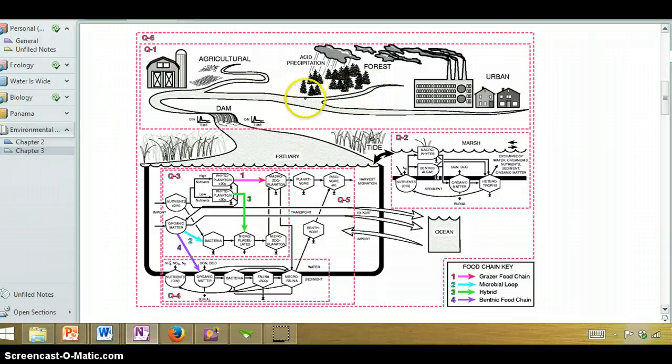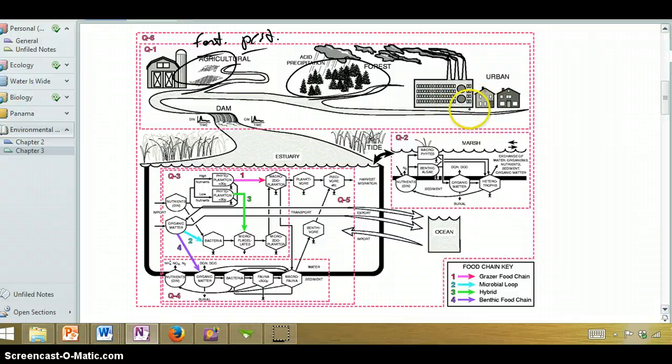If you have a relatively intact natural system, you have a certain kind of water chemistry, whereas if you have one that's been modified to agricultural, you have a different kind of water chemistry, largely because of the use of things like fertilizers and pesticides, because those things can get into the water and change the chemistry of the water.